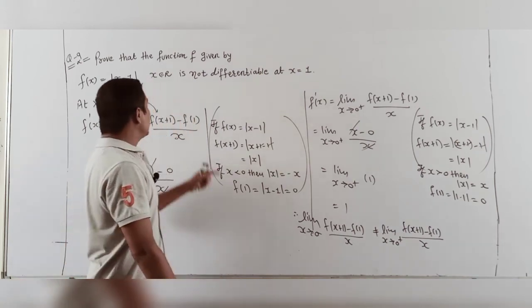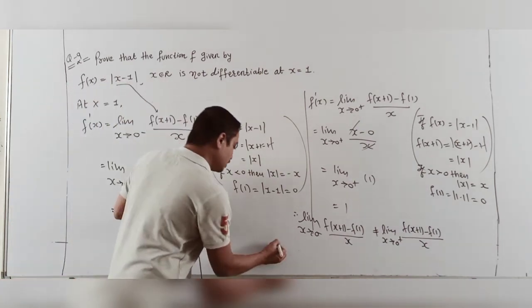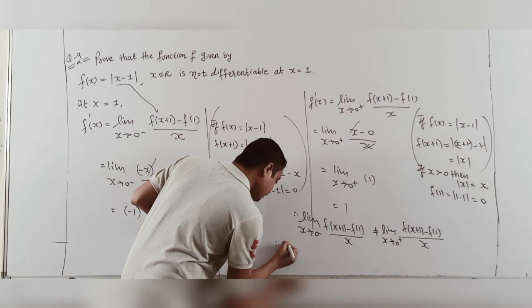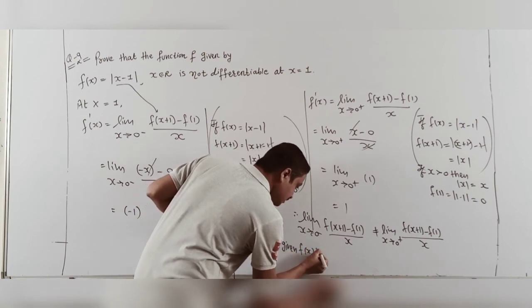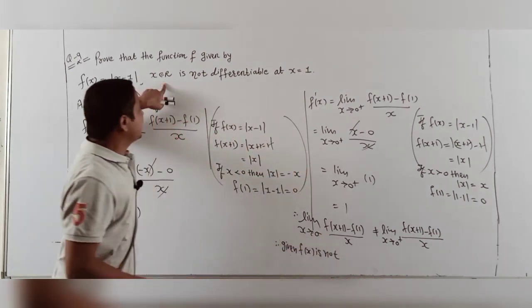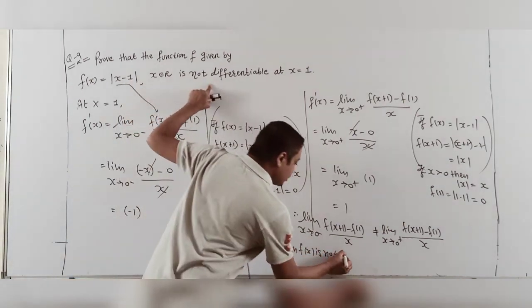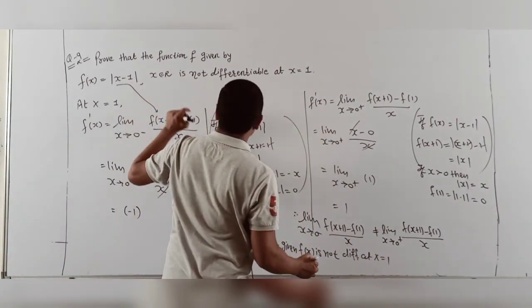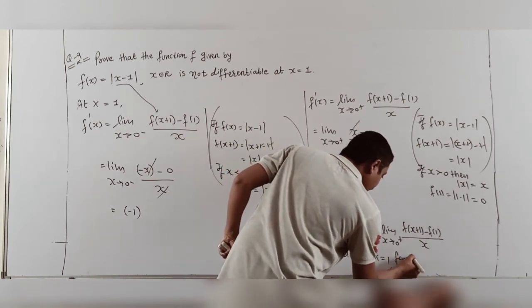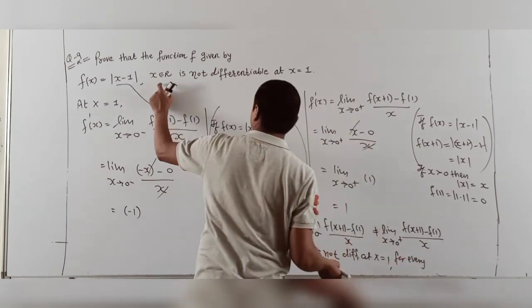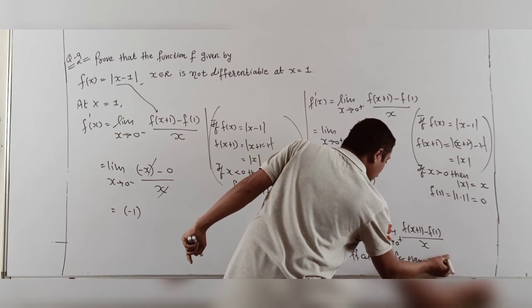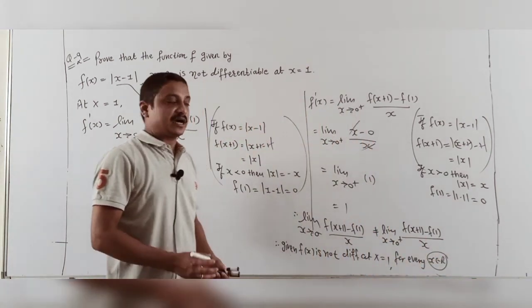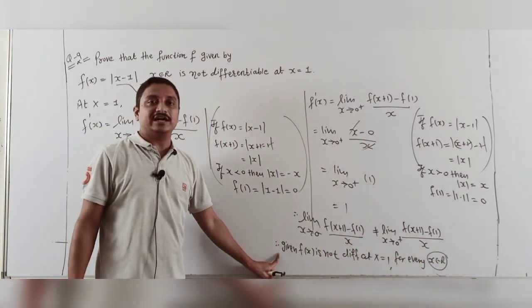So the given f(x), this equation I gave, is not differentiable at x equal to 1, for the question asking x belongs to R, in your definition wise. Your answer is not only x equal to 1 there.